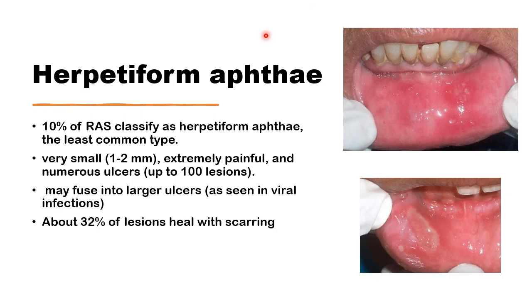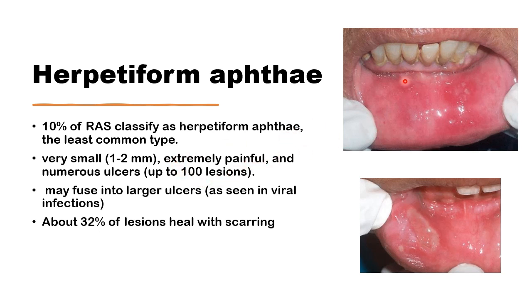The herpetiform type of aphthous ulcers accounts for about 10% of the recurrent aphthous ulcers, and they are very small, tiny ulcers measuring about 1 to 2 millimeters, but they come in quite substantial numbers, sometimes up to 100 lesions at the same time.